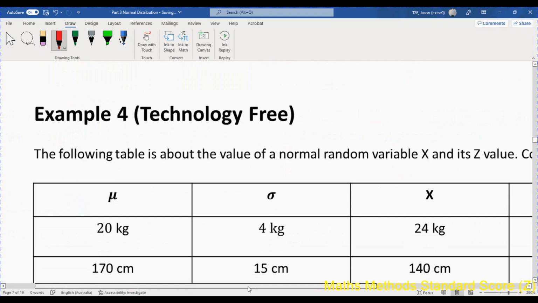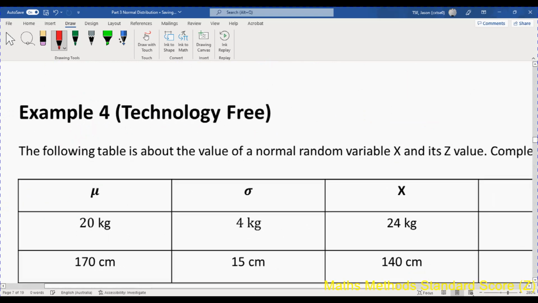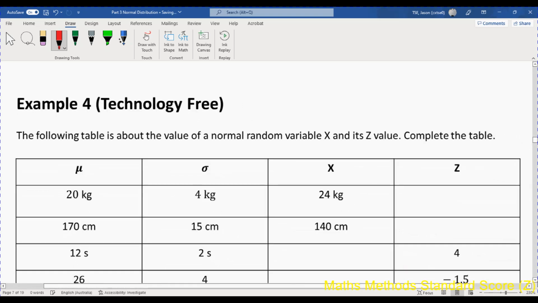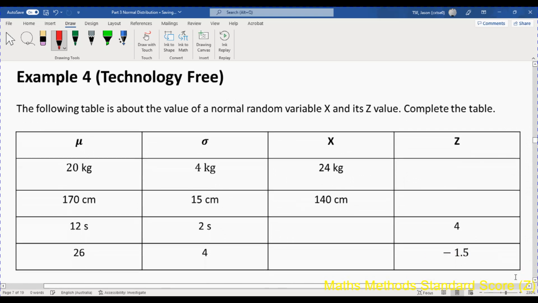All right. And then we are going to try to do some of example 4. All right. So I give you the mean, standard deviation, and the random variable x.